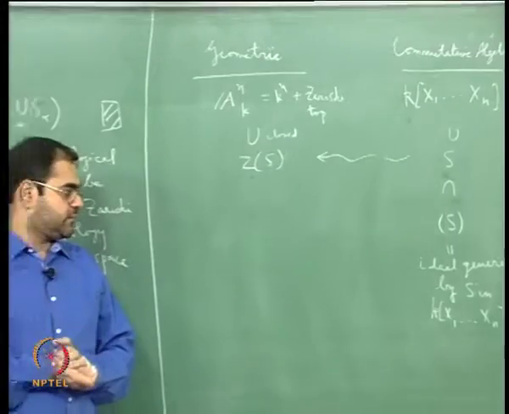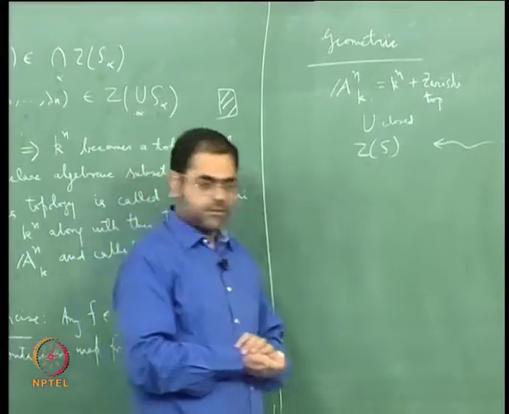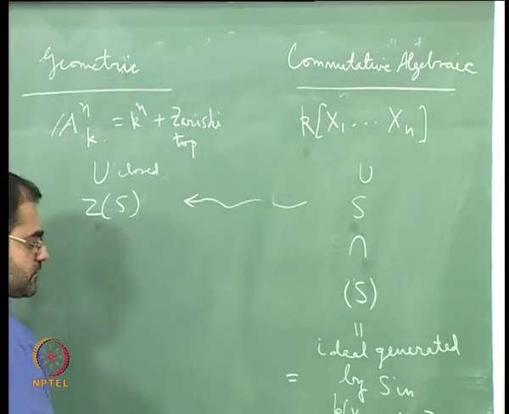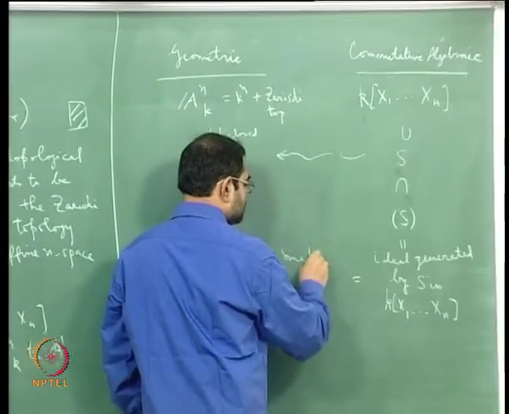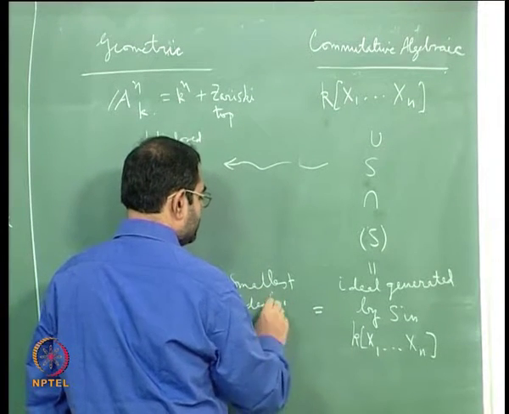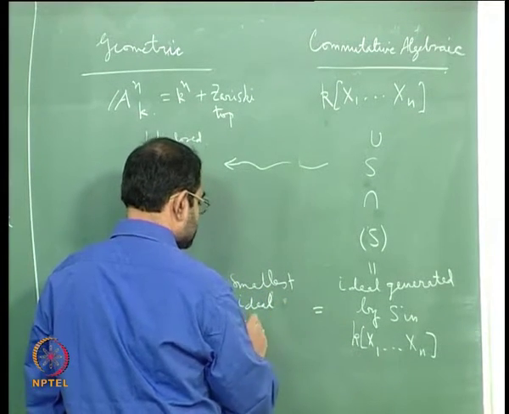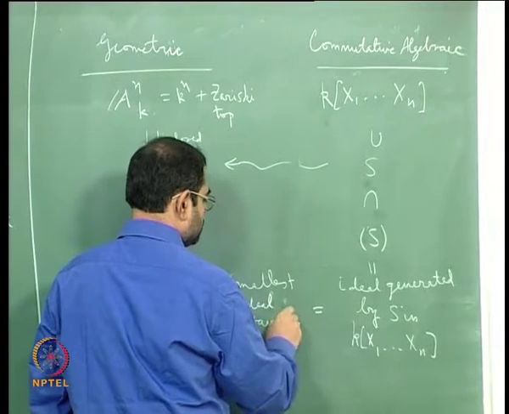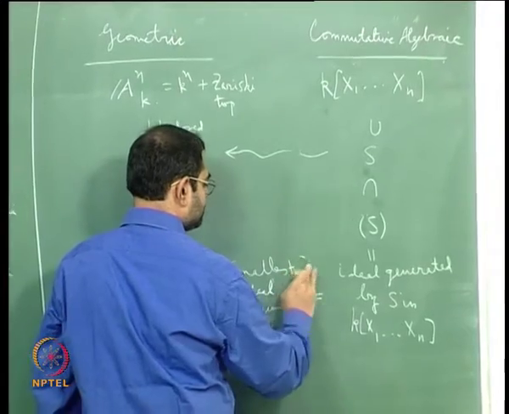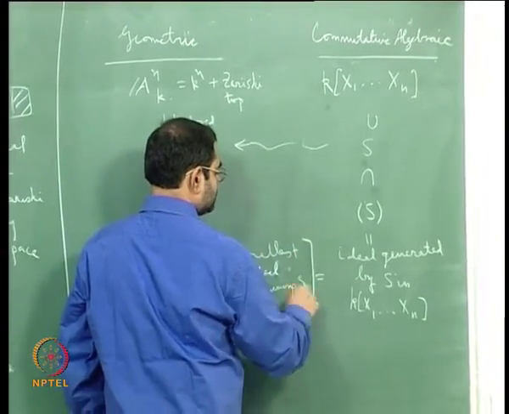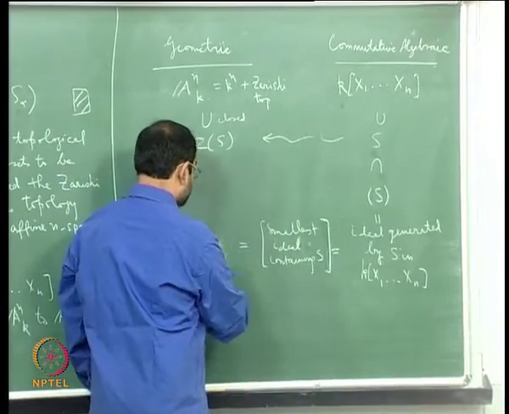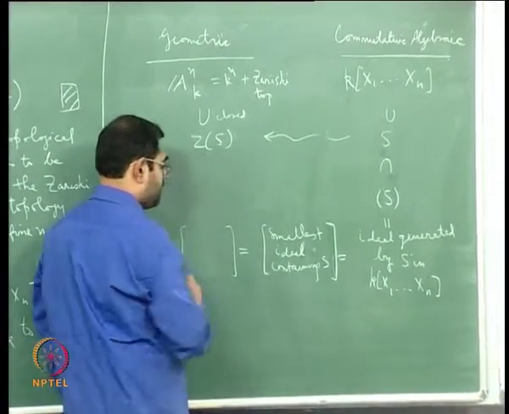Of course there are two ways of describing it. One is this is equal to the smallest ideal containing S. This is one definition. And what is the smallest ideal containing S?